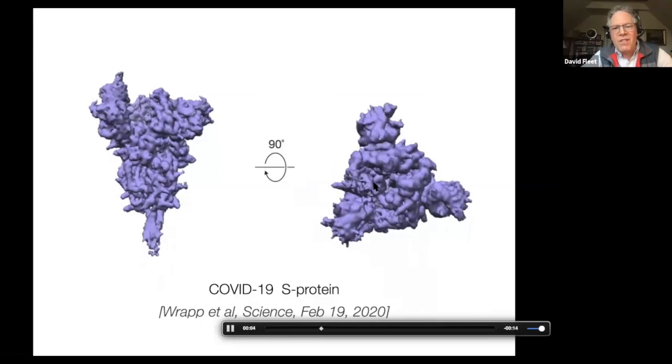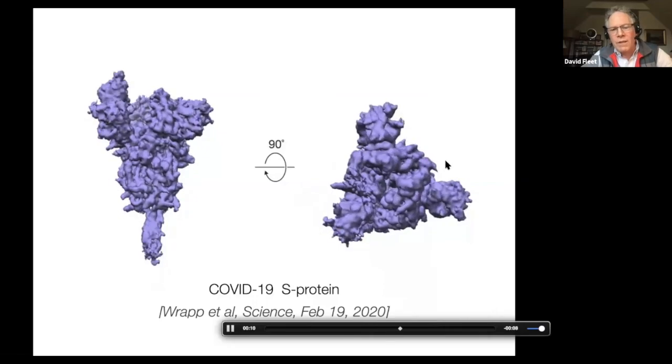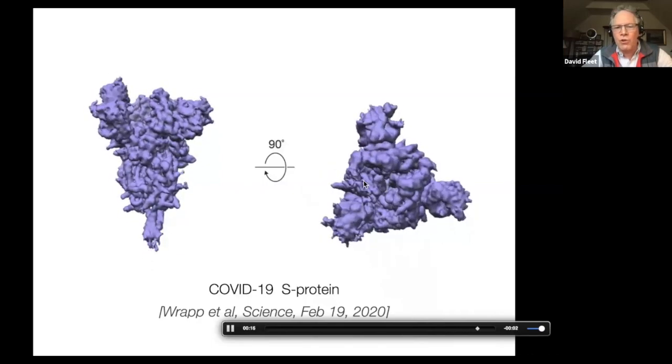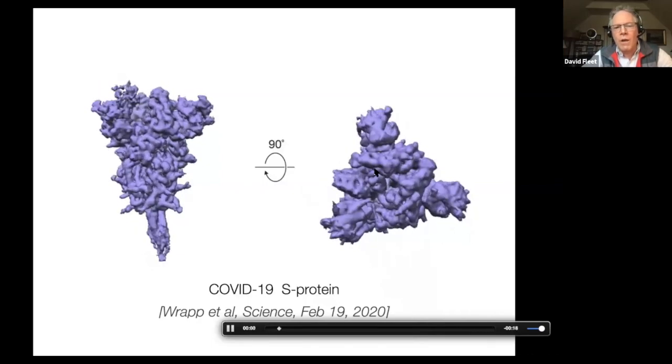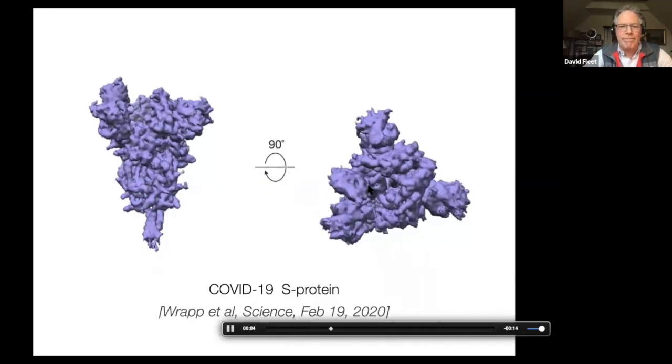In the open state, receptor binding domains are available for connecting to the human ACE2 protein, and in the closed state, it's not available. So it was crucial to really neutralize this. You want to get neutralizing antibodies to bind into this open state.